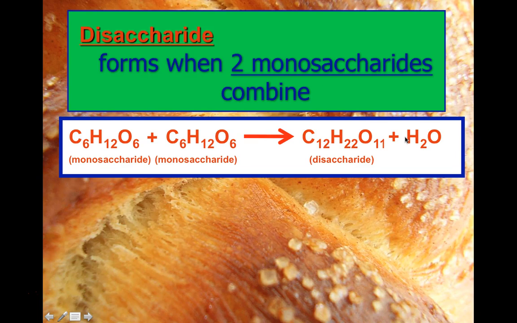The reason for that is because when we have monomers coming together to form a polymer, you are losing water. So water is technically considered to be a product. And this is what we call a dehydration synthesis reaction. So when you have monosaccharides bonding together to form a disaccharide, that is an example of a dehydration synthesis reaction.